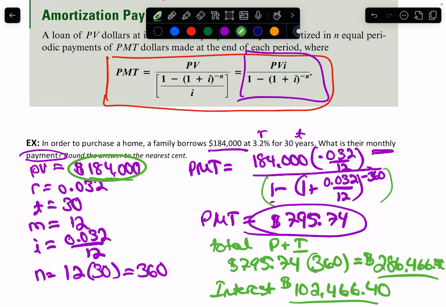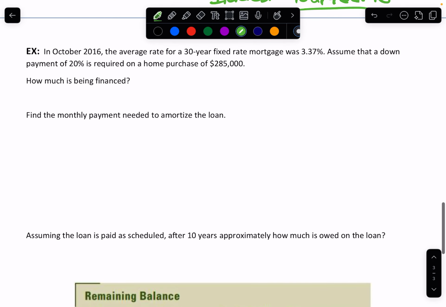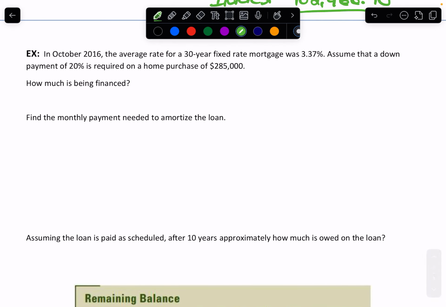Okay, so next we're going to look at this example here. In October 2016, the average rate for a 30-year fixed mortgage was 3.3%. Assume that a down payment of 20% is required on a home purchase of $285,000.